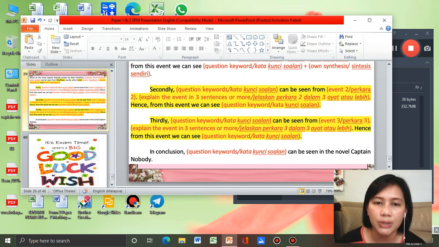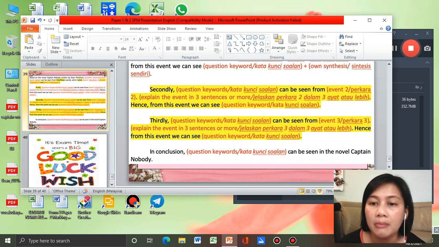In conclusion, there are many events can be seen in the novel Captain Nobody. Kalau awak buat tentang event, if you bercakap tentang characters, in conclusion, many characters can be seen in the novel Captain Nobody.